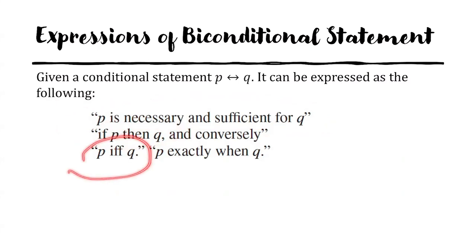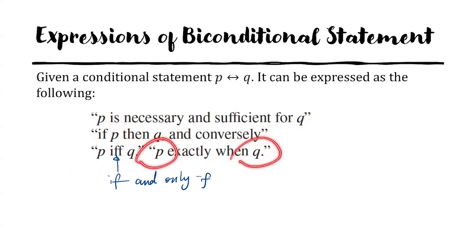And this IFF is just the same as if and only if, so we treat it as P if and only if Q. You can also say P exactly when Q happens. So if P happens, Q must happen; if P is false, then Q must be false. So there are different ways you can express a biconditional statement.